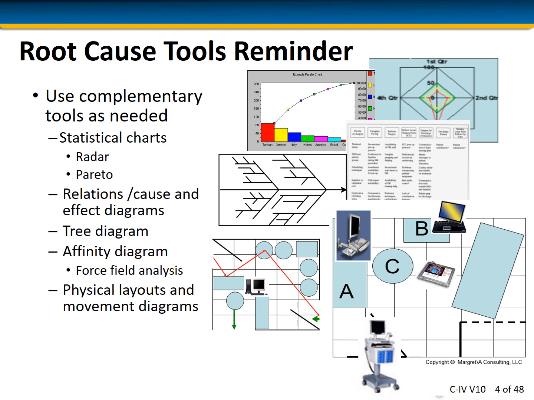The affinity diagram, such as illustrated in the middle right, helps synthesize a large number of ideas by finding relationships between them. We referenced use of this when we talked about analyzing the nursing admission assessment data elements across the 11 forms.